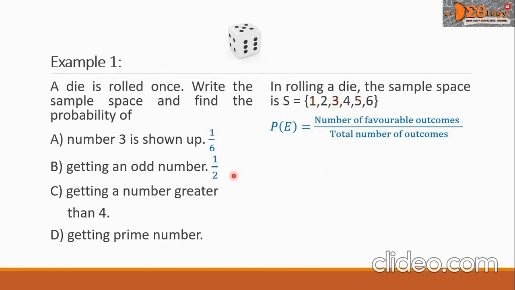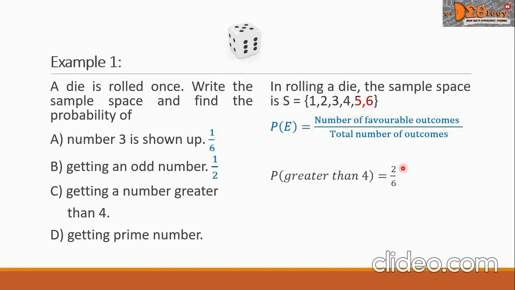Then let us proceed to letter C. The probability of getting a number greater than 4. So we write P of greater than 4. In our sample space, there are 2 numbers that are greater than 4, namely 5 and 6.